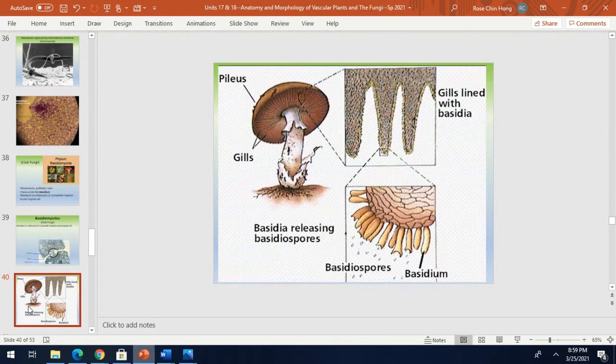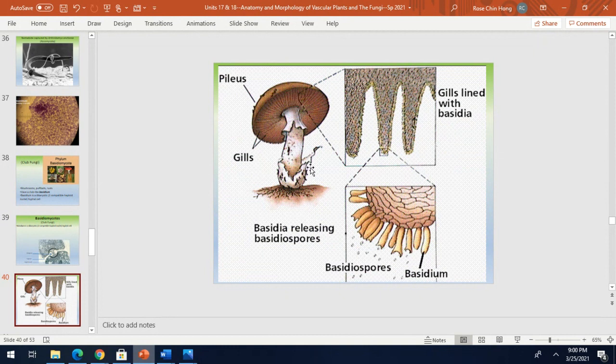Now, let us look at the reproductive cycle of Basidiomycota. So this here, which we will say the mushroom, the fruiting body, which we call the mushroom. So you have the pileus, the cap, and you have the gills beneath the cap.